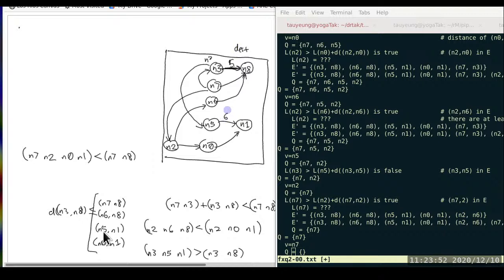And then we have n6, n8. Okay, n2, n6, n8 has to be less than... I'm just trying to think of a systematic way to work this out, because we have all of these orderings.